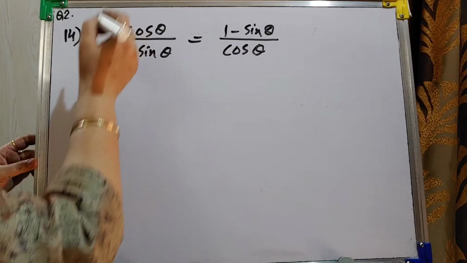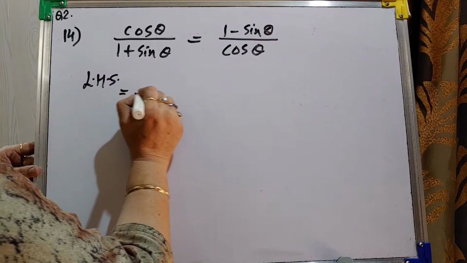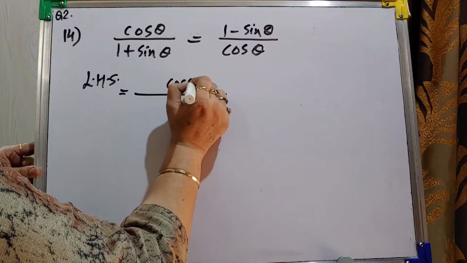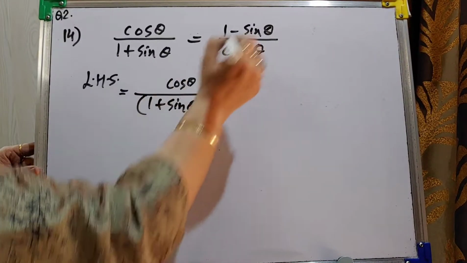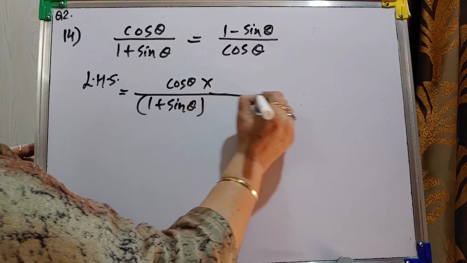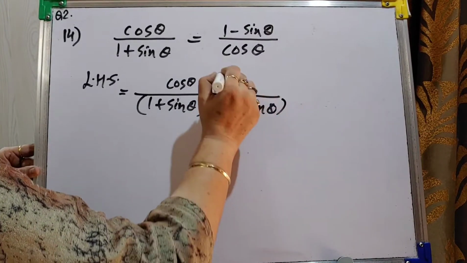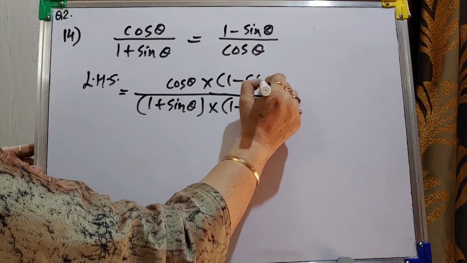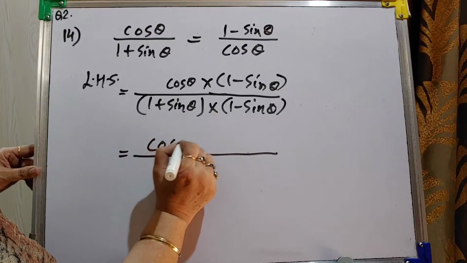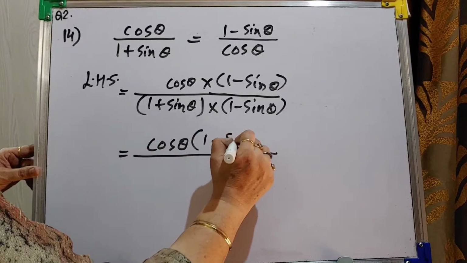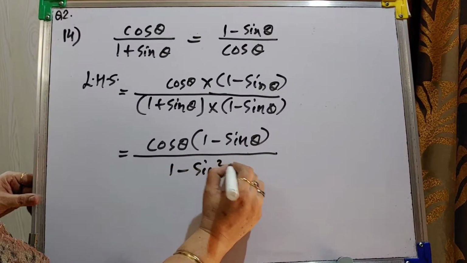Student, this is the last 2 mark sum. I'll take LHS as it is. Now right hand side I require 1 minus sin theta in the numerator. So I will multiply both numerator and denominator with 1 minus sin theta. Now my numerator will remain as it is. Denominator, it will be 1 minus sin square theta.